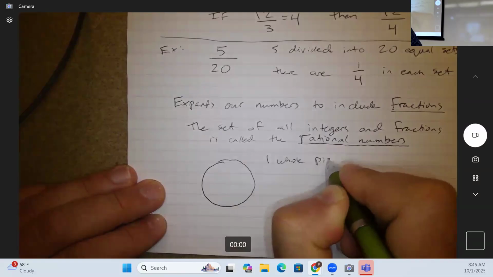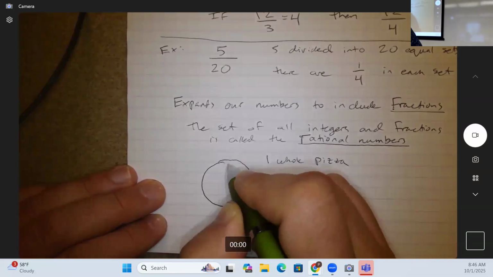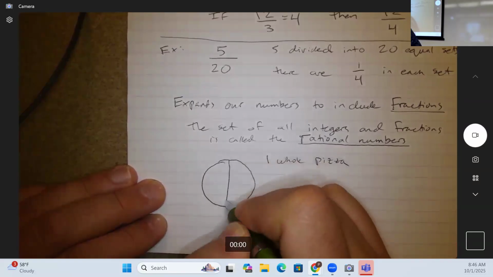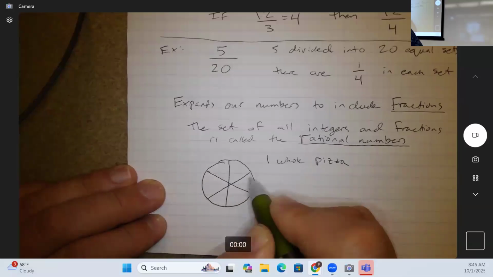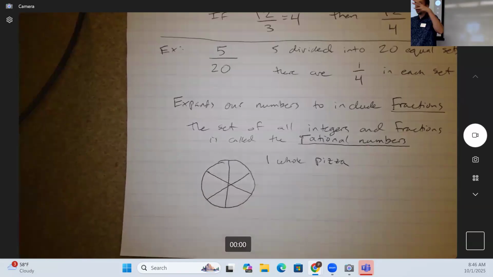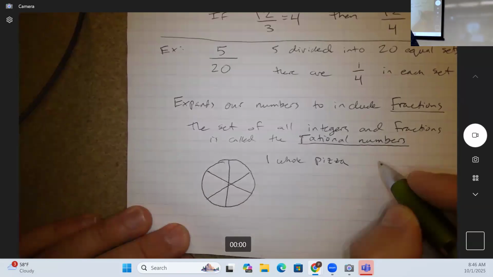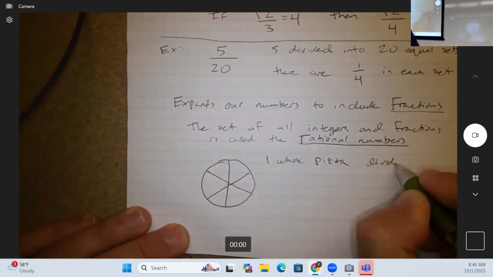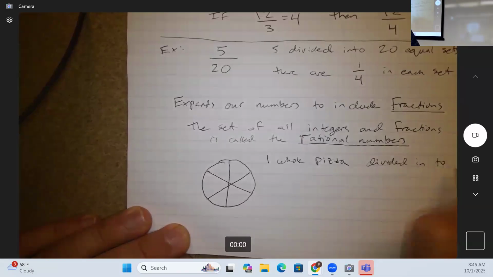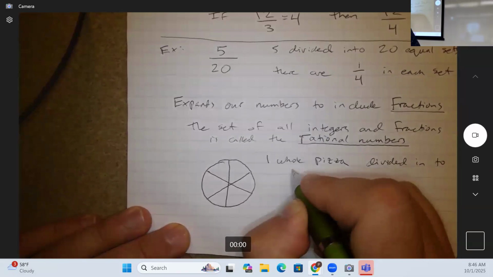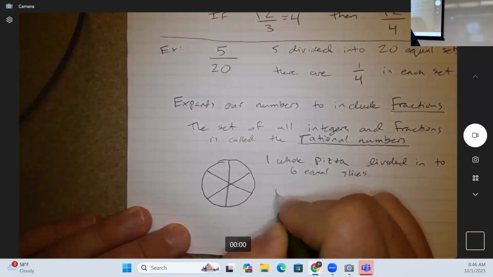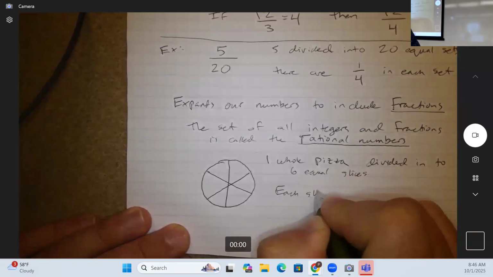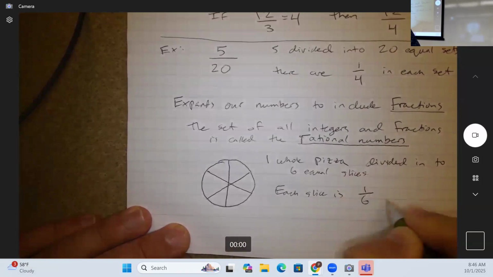1 whole pizza. If I divide it into 6, which is normally what I do when I do my pizzas, because they're not that big. One whole pizza divided into 6 equal slices. Each slice is 1/6 of the pizza.